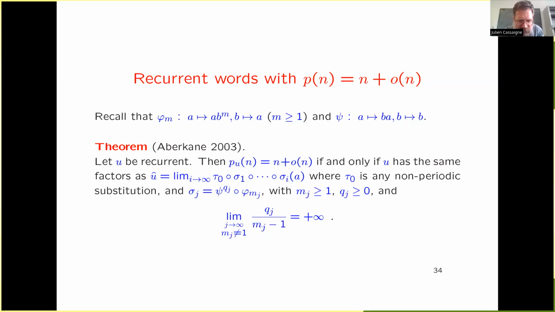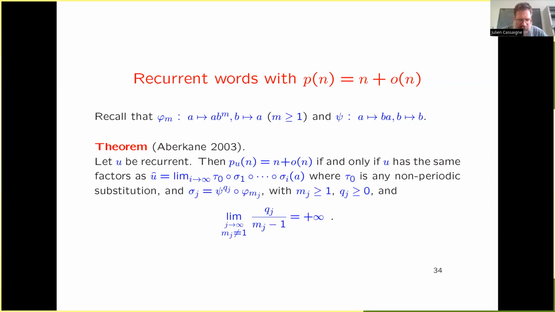And so we have some composition of phi m_j, for a certain sequence of m_j, and psi repeated q_j times. So any composition of phi m and psi can be expressed in this way, where you alternate doing phi m_j for some m_j and doing q_j times psi, and you repeat this.